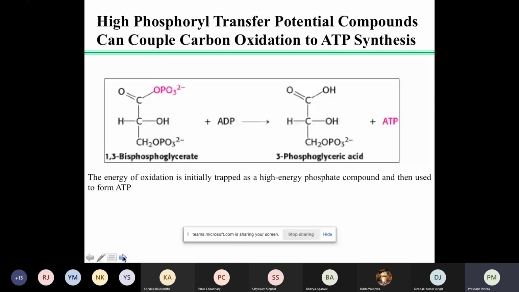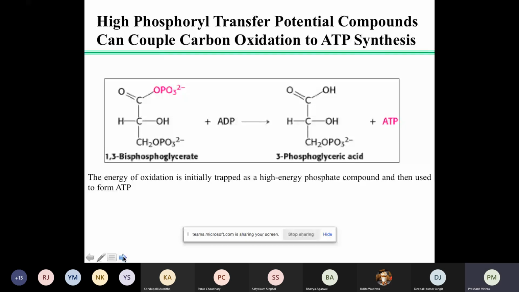So this kind of synthesis is referred to as, what do we call them? What it is doing is that the phosphoryl group transfer potential of a compound is coupled with carbon oxidation to ATP synthesis.